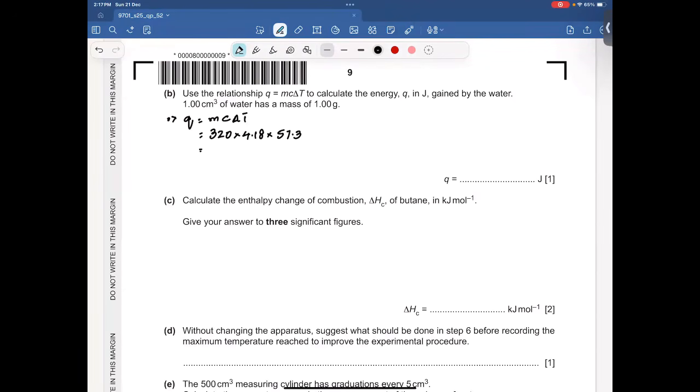So 320 times 4.18 times 57.3 is basically 76,644.48 joules. Let me convert it into kilojoules. It's 76.64 kilojoules. The examiner is looking for Q in joules, so it's basically 76,644.48.